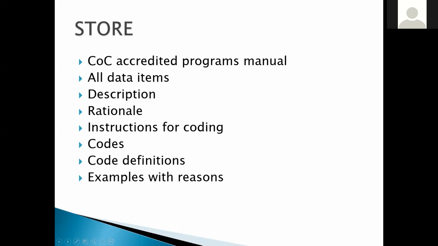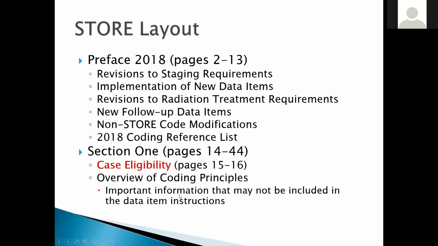First, I am going to quickly go over each section of the STORE, and then we will get into each section in more detail. So just hang on and follow through, and just like I said in my welcome video, it takes baby steps to get to learn everything that you need to know to abstract.